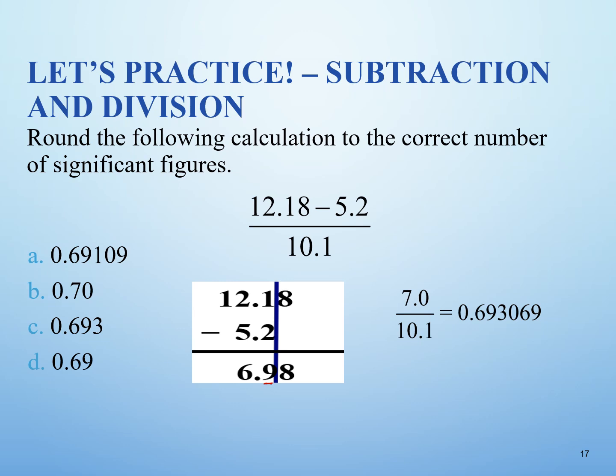So even if you put 6.98 over here divided by 10.1, you get a number, and you only keep two numbers there, and you actually get the same answer because you have to keep 2 sig figs. So I would round to 0.69 because 3 is smaller than 5. So I would pick D as my answer right there.